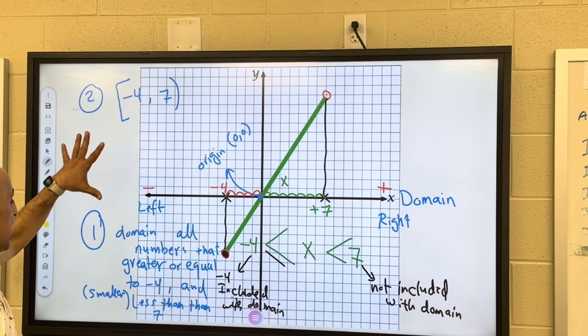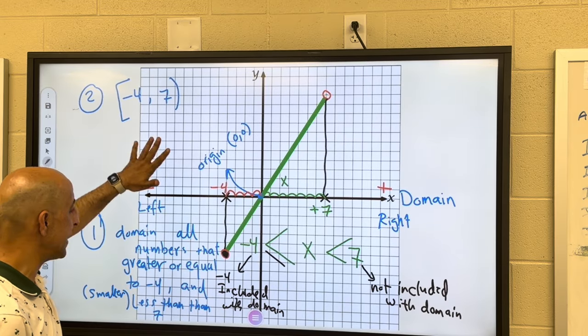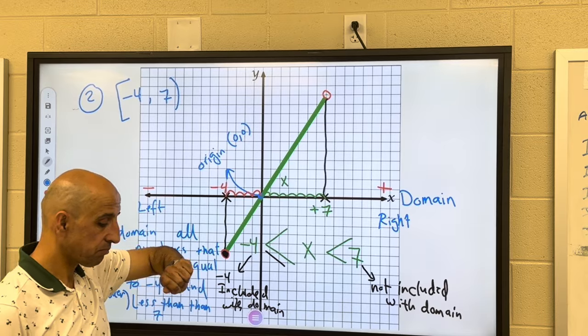So as you see, we can represent the domain in many different ways.